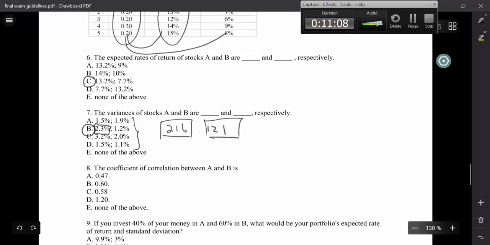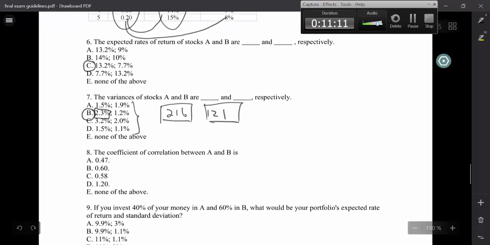The coefficient of correlation, what do you call that sometimes?